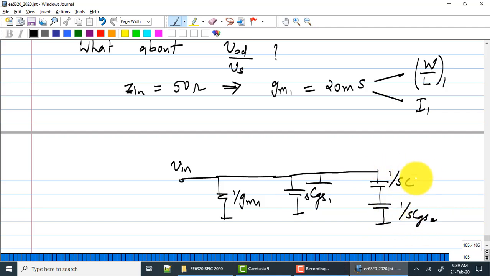So the sum of capacitances CGS1 and CGS2 are going to limit your bandwidth. Normally, CGS2 will be several times larger than CGS1 because you need GM to be quite large. Because you need it to be low noise, you will not have a choice. You cannot decrease its size beyond a certain point. Normally, CGS2 will be larger than CGS1. Just keep that in mind, but both of them will matter.